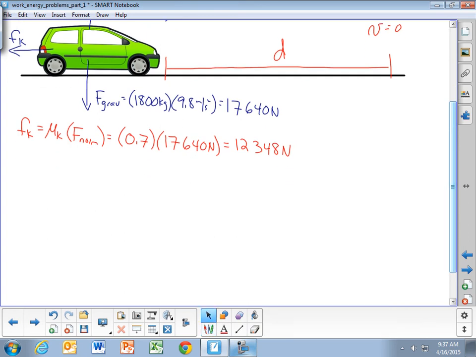And it says use the work-energy principle. Again, often you're not told what to do, so you could choose whichever method is most convenient. But we're going to use the work-energy principle. So this says the net work done will equal the change in kinetic energy.